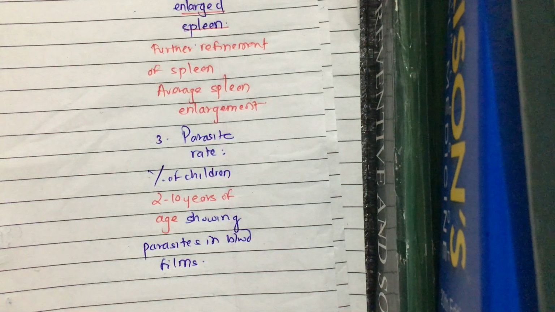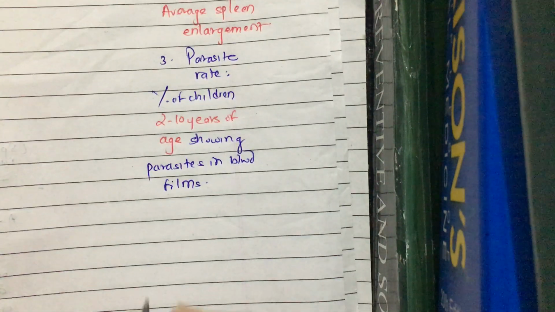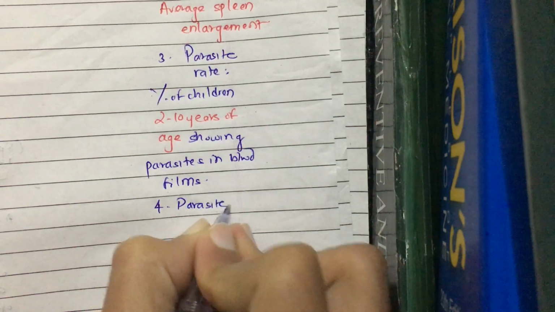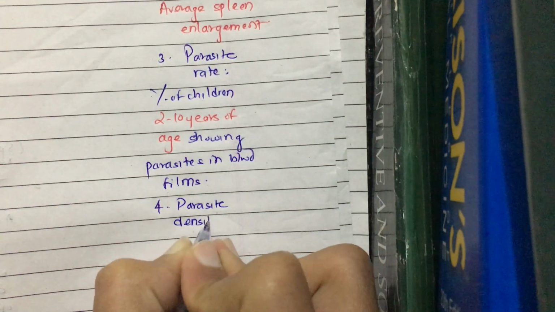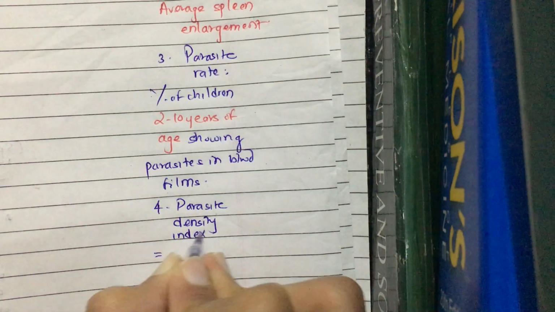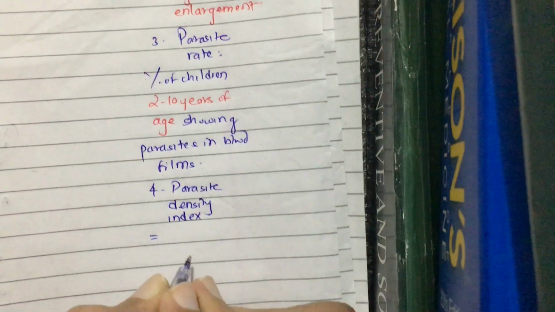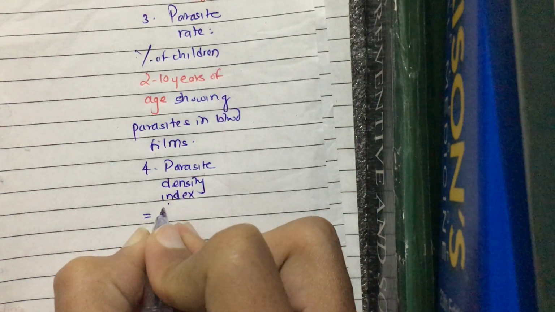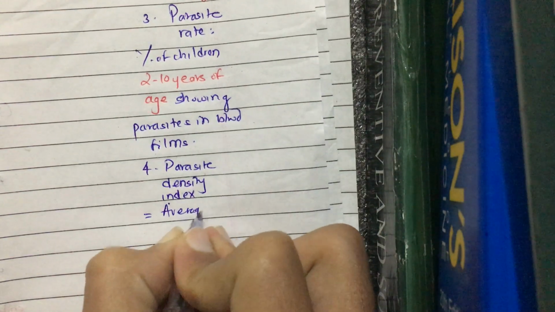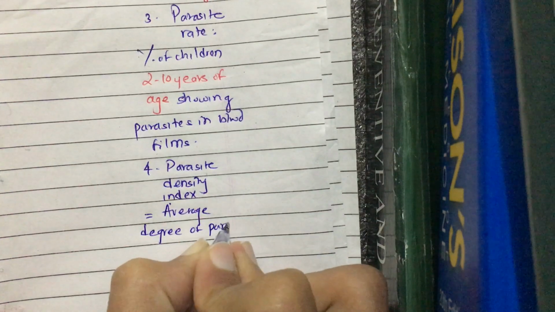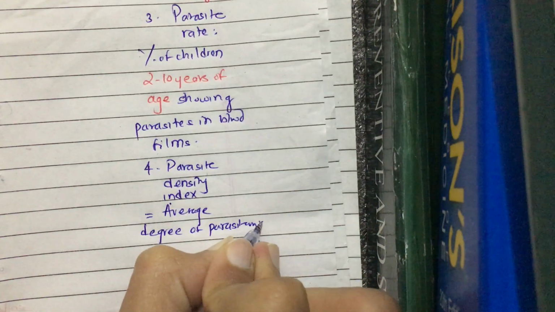Other indices that are used include the parasite density index. Parasite density means the average degree of parasitemia in a well-defined population.